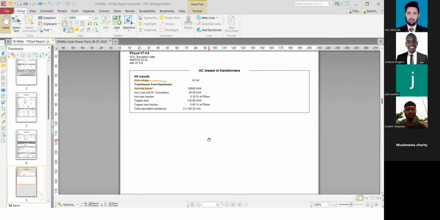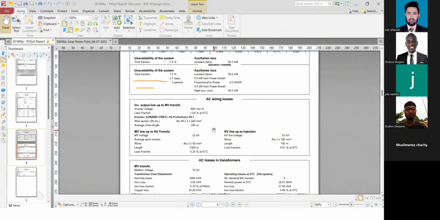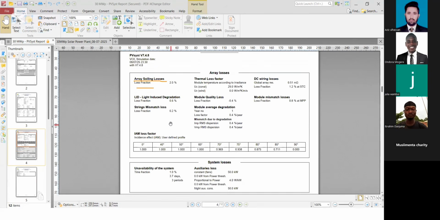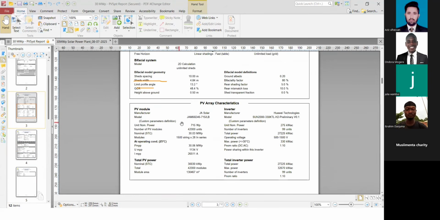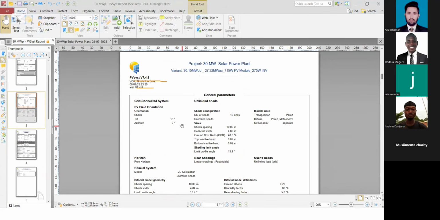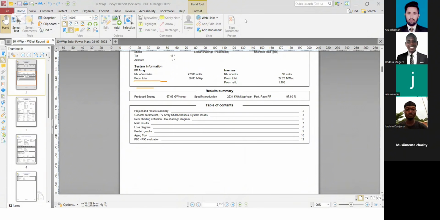So we give all of these inputs to the PVsyst software, and then it will give us the simulation report, which I am showing to all of you. In this we will estimate the generation, the energy numbers, which is very important. Like you see, they have the performance ratio of 87.6 and the specific produced energy per year.